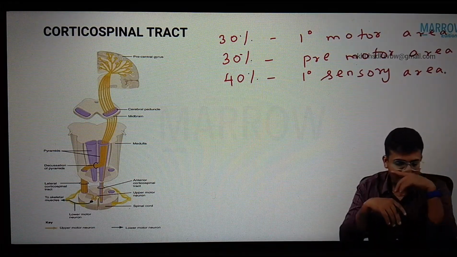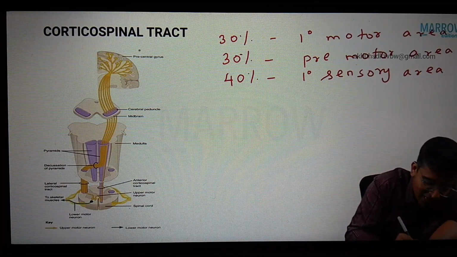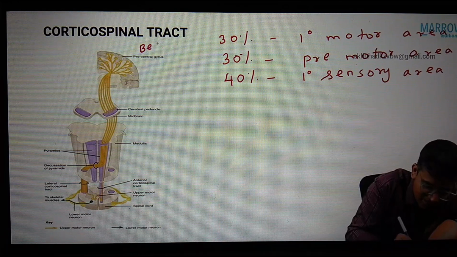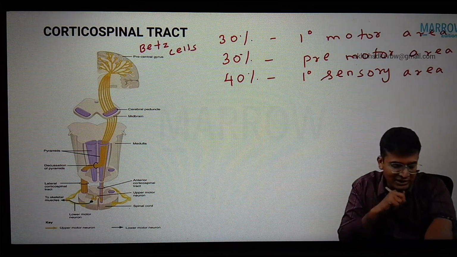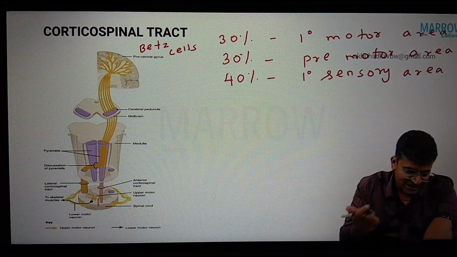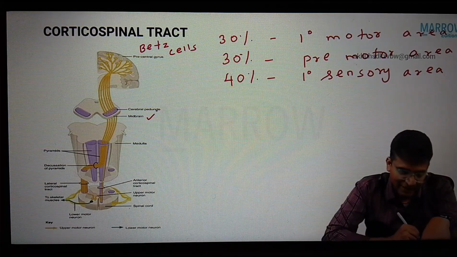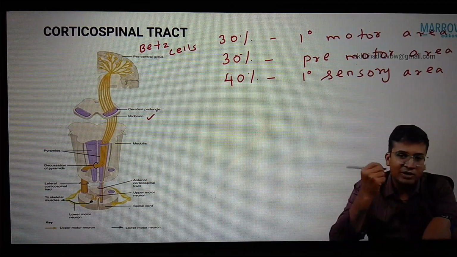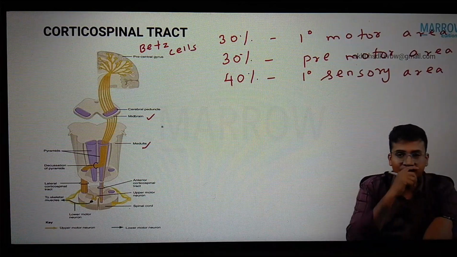Okay, right. Now from which cell does this take origin? From the giant cells of Betz. It is coming from Betz cells. Now from the Betz cells, the fibers pass through the cerebral peduncle of the midbrain, and then through the pons, and then through the medulla.